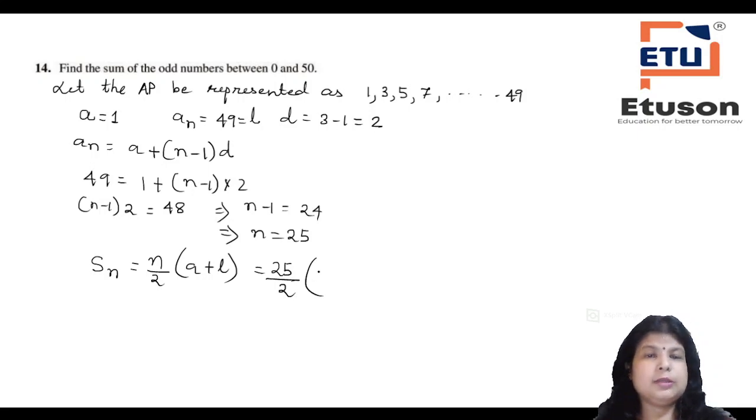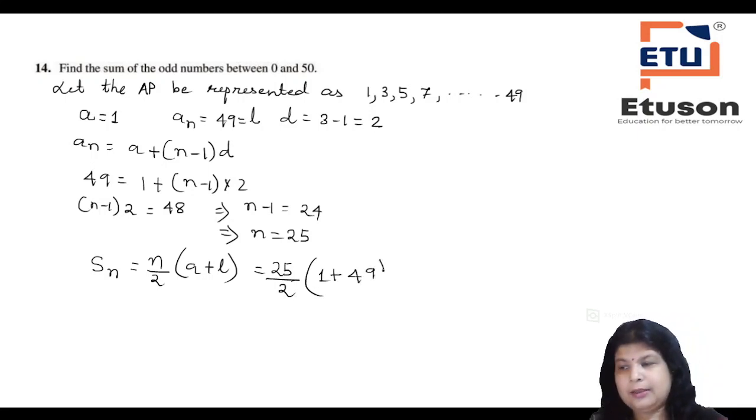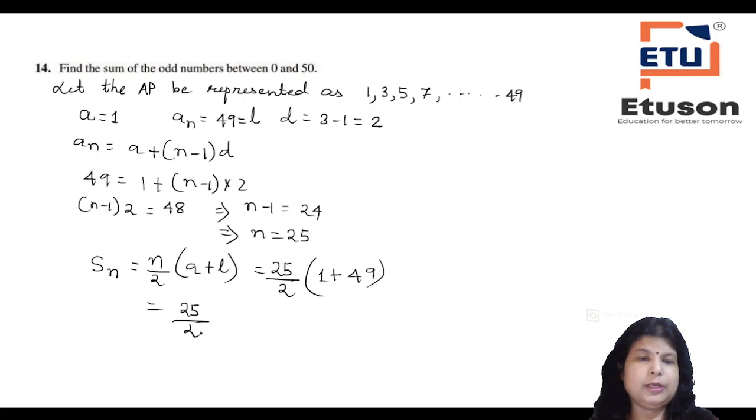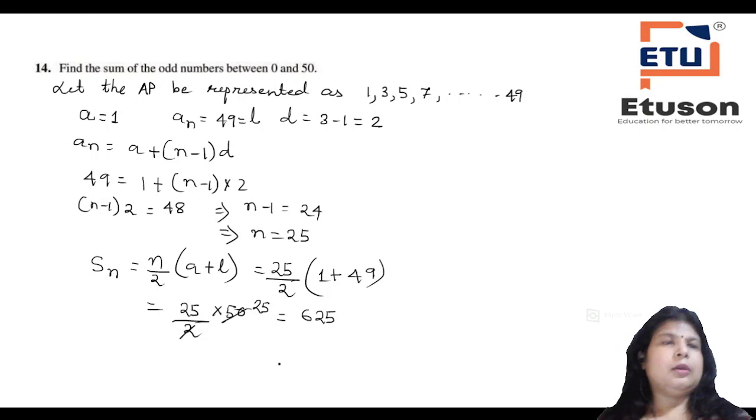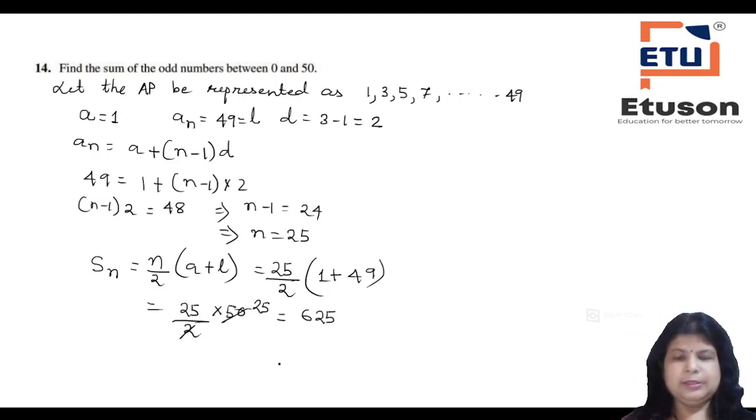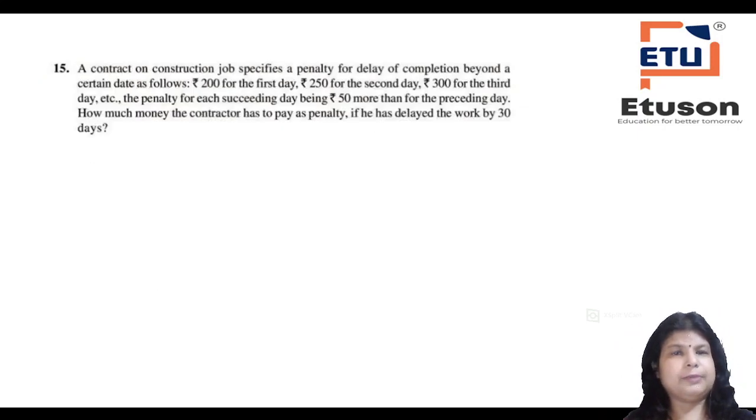Your first term is 1 and your last term is 49, correct? So you get 25 divided by 2 into 50, right? So you get 25 square and your answer is 625, correct? Now let us go to the next one.